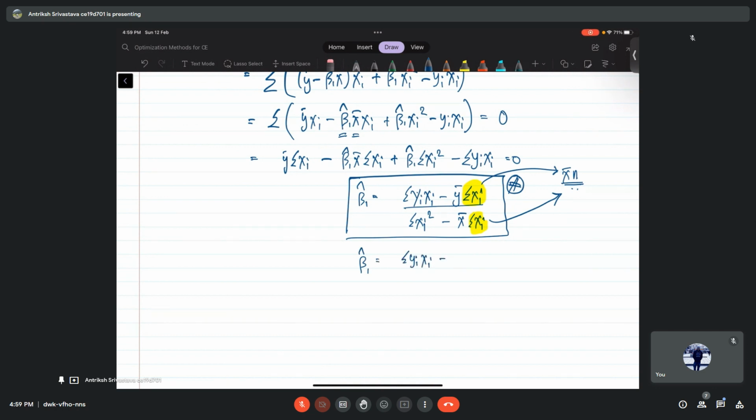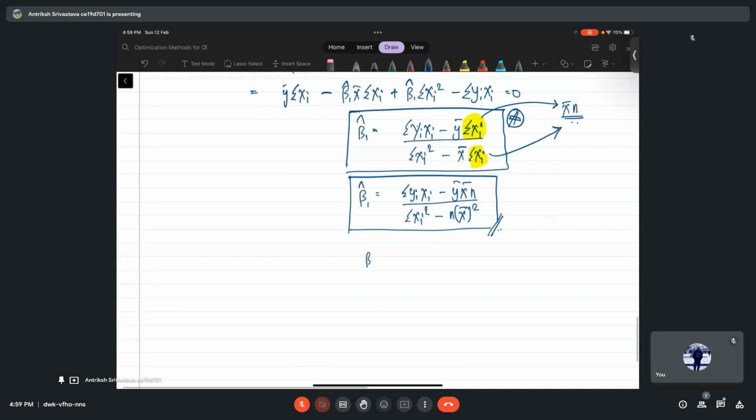Sigma yi xi minus n y bar x bar divided by sigma xi square minus n x bar square. This looks a little bit pleasing. Or if you want to write it a little bit more nicely, then you can write it like this, because maybe this is easier to remember. Whichever suits you, you can use that format.